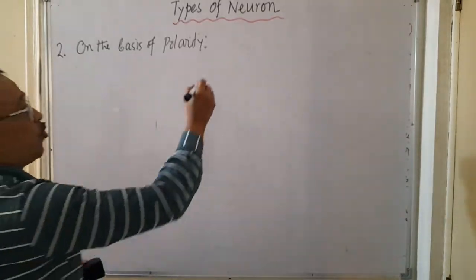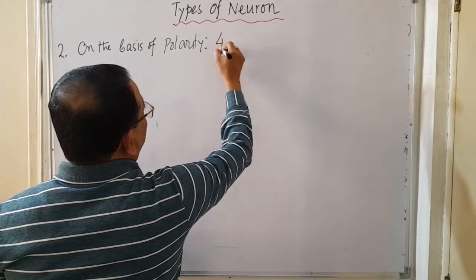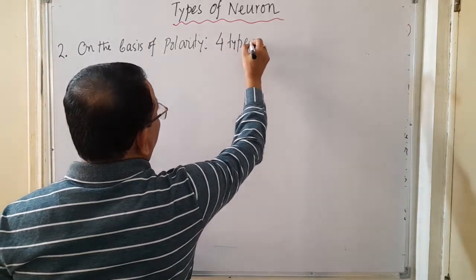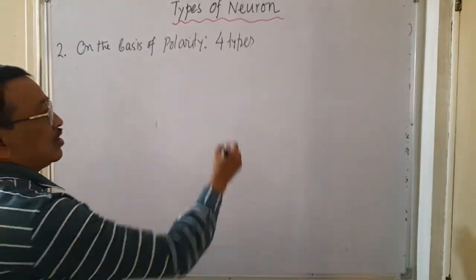On the basis of polarity, there are four types of neurons.